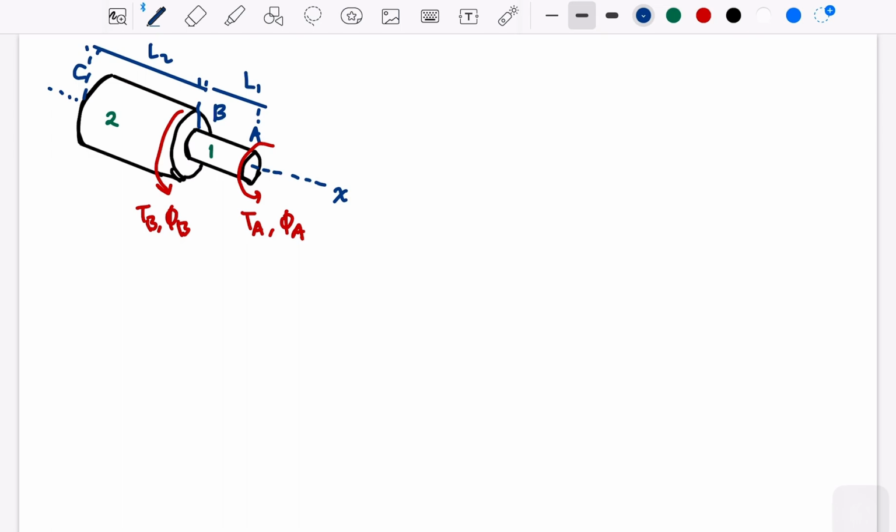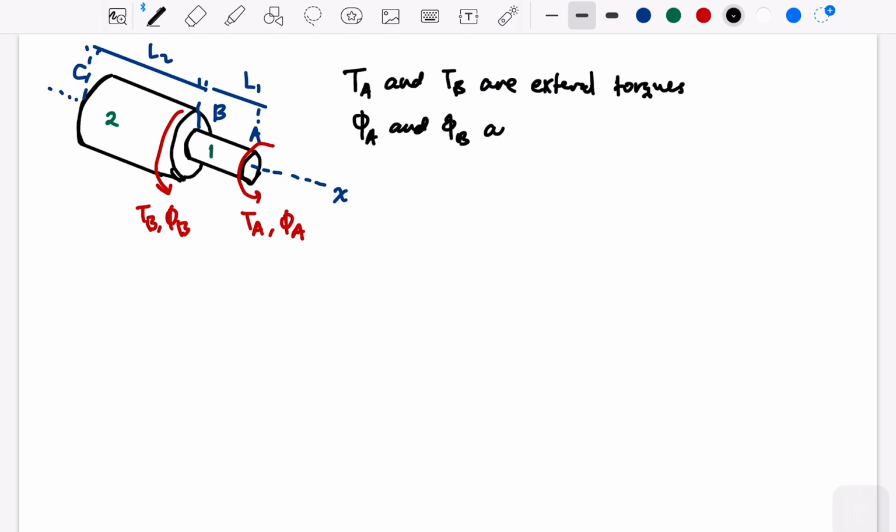So we have a two-element torsion, with TA and TB. These are external torques at A and B, and this angle is our rotation angle.